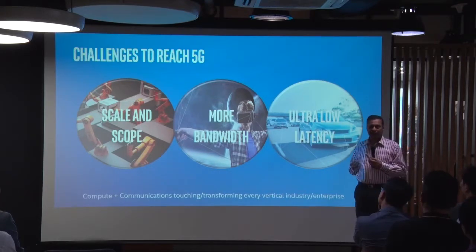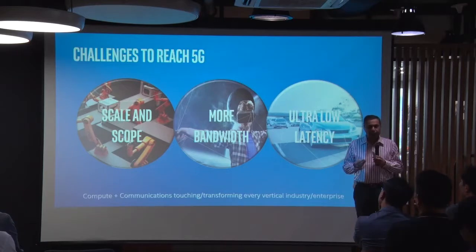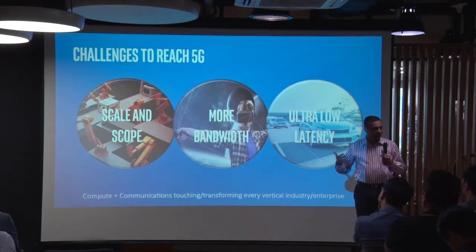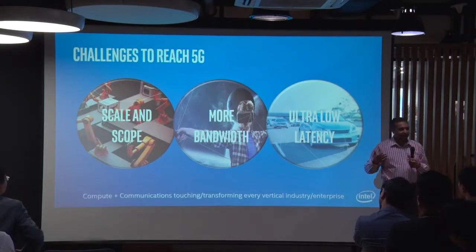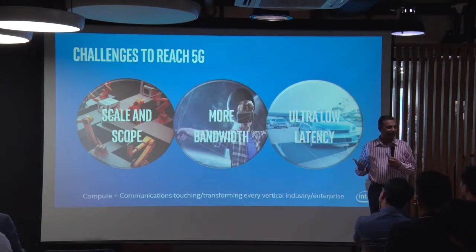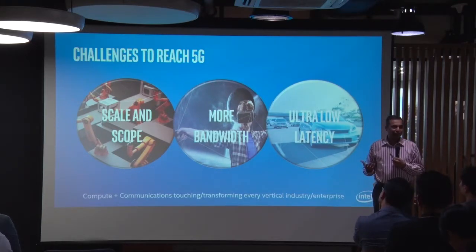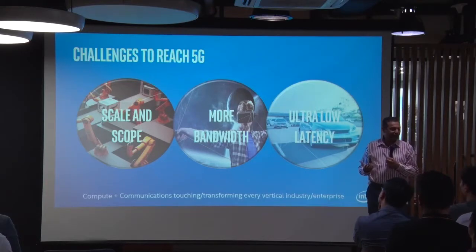In some cases, they may need extremely low latency. For example, if there's a robot on a factory floor and it needs to interact and coordinate activities with other robots on the factory floor, it gives us pause to think what kind of algorithms are required to run such equipment, and what kind of communication they might need to interact and coordinate between themselves.